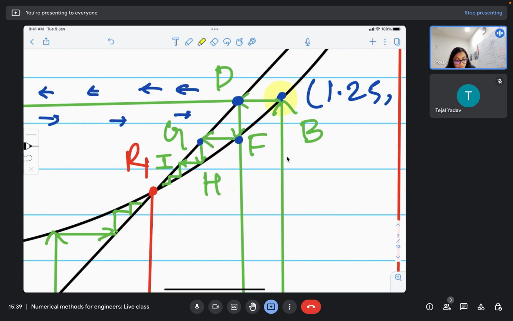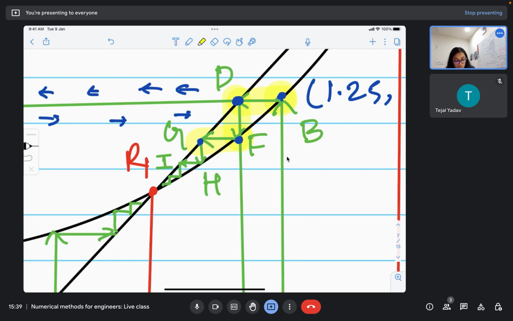From this point, when you go to the y-axis, you are coming to the other curve. Once you are here you identify that point and then get the value of x2. Getting the value of x2 means you have reached this point of the other function. Once you come to x2, you extend that value to y and you come to this function. So stepwise, you are converging towards the root.